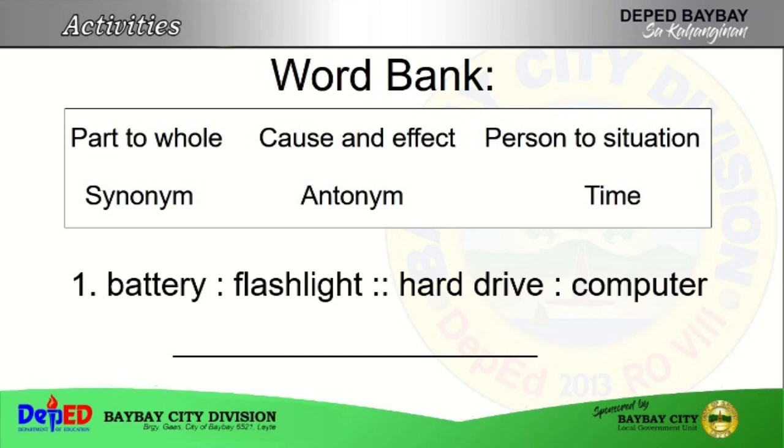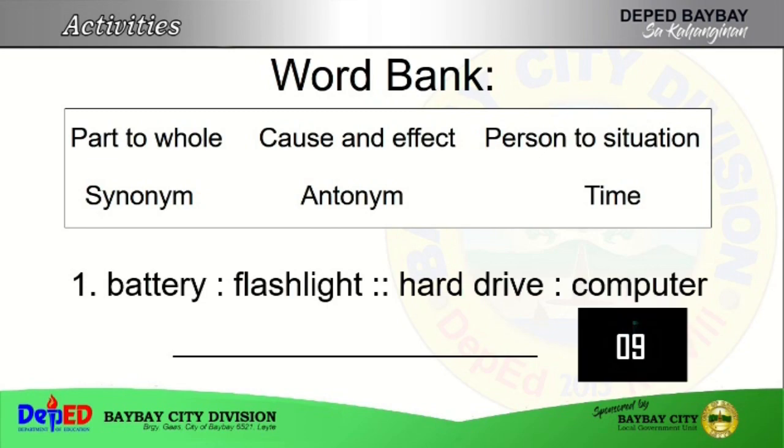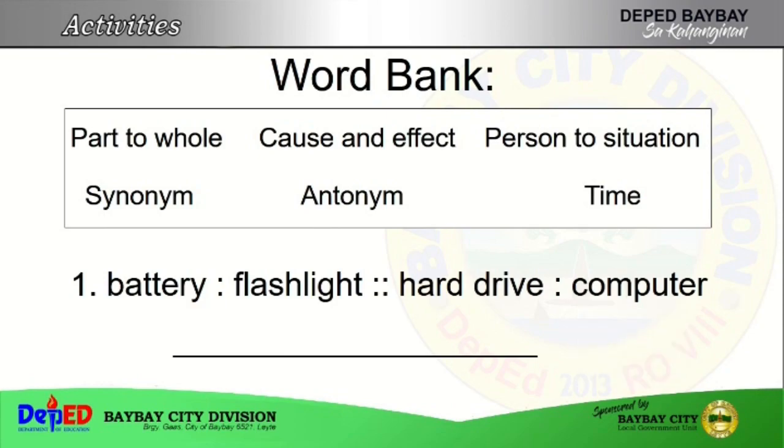What type of analogy is expressed in the pair of given words? The correct answer is part to whole. If you got the correct answer, then let's proceed to the next number.